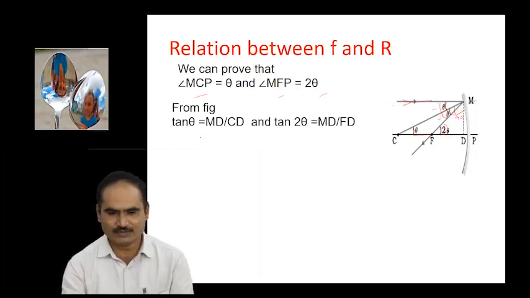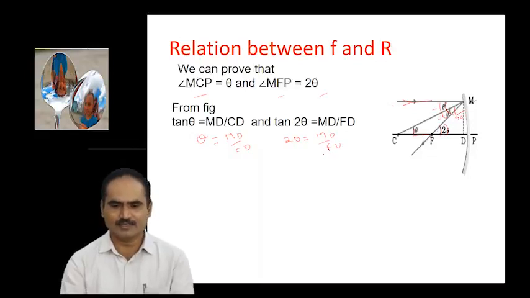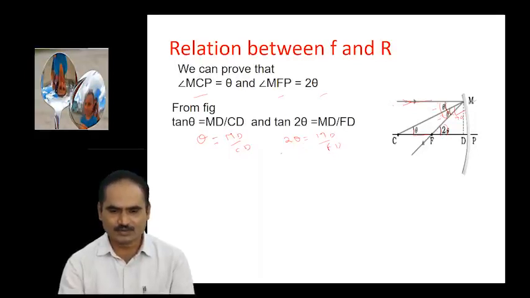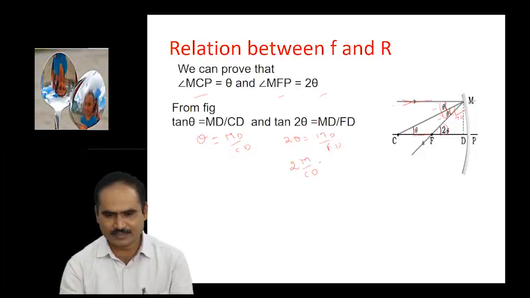So for small angles we can write theta is equal to MD by CD, and 2 theta is equal to MD by FD. In place of theta we can write MD by CD, so 2 into MD by CD is equal to MD by FD.